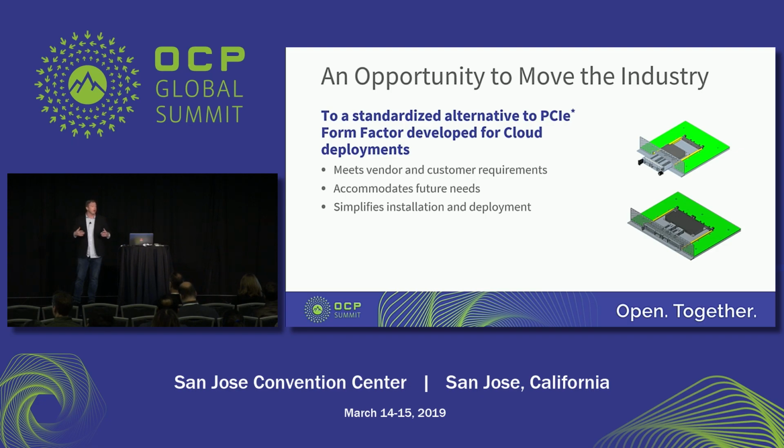And so our hope, and the hope of the subgroup here, is that by really thinking through the problem space, by really thinking through what is necessary, this really becomes a de facto standard going forward, and that we get wide adoption of this NIC 3.0 spec for building cards, and get a lot more people moving to the OCP platform.